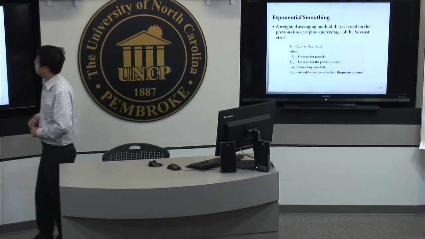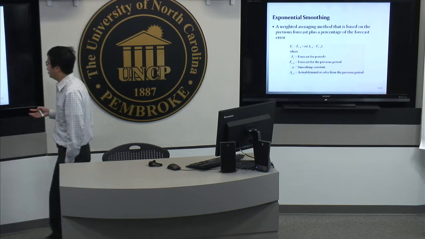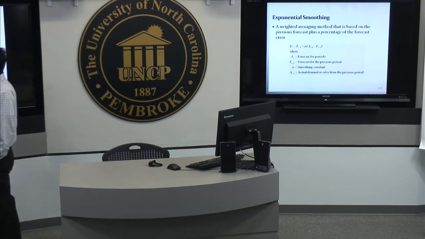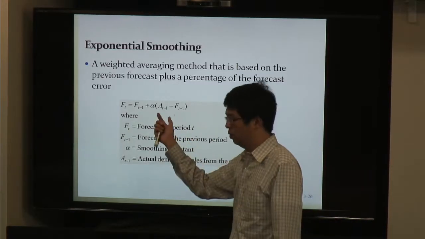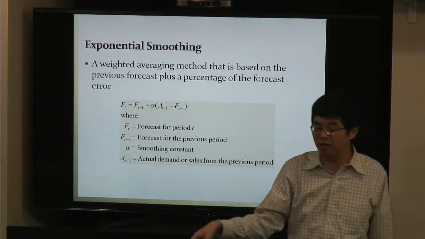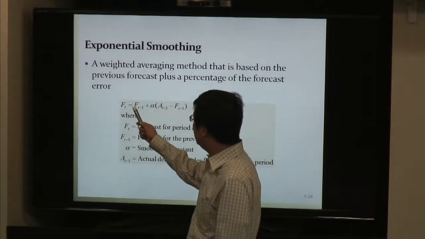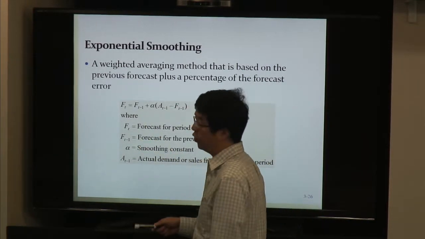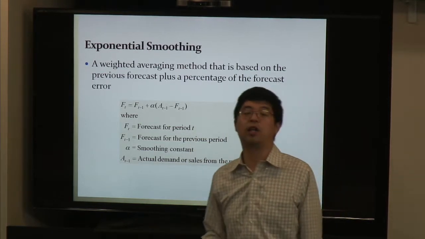So it's a weighted average method, which is based on the previous forecast plus a percentage of the forecast error. We're very familiar with forecast error, which is A minus F, actual minus forecast. So Ft is the forecast for this time period t. t can be 1, 2, 3, 4, any time period.